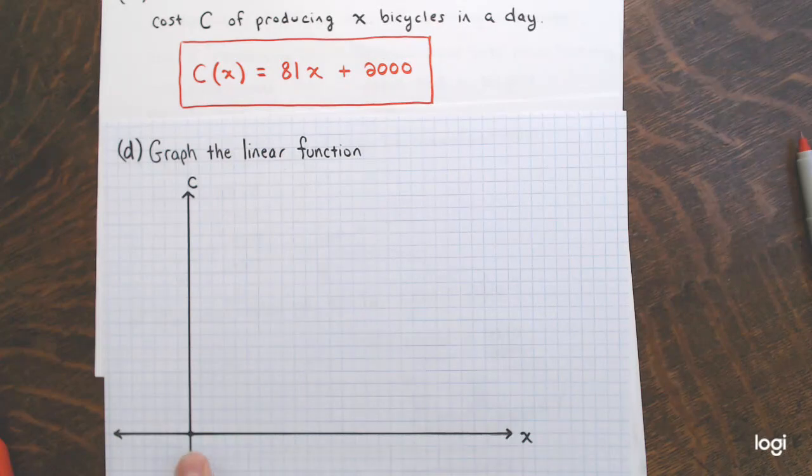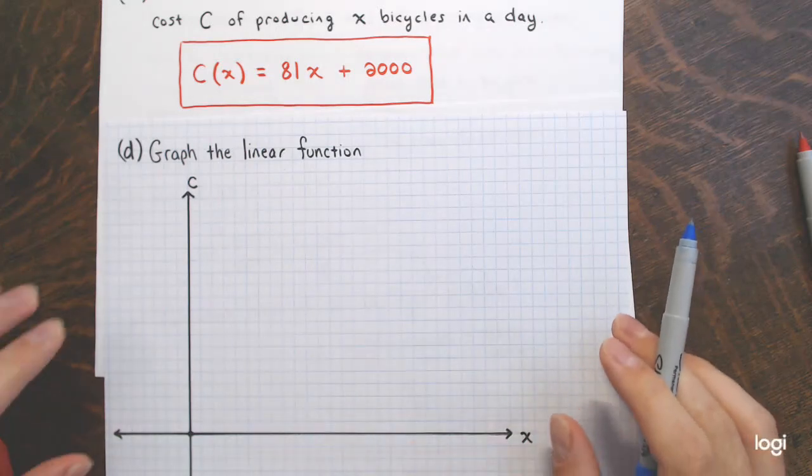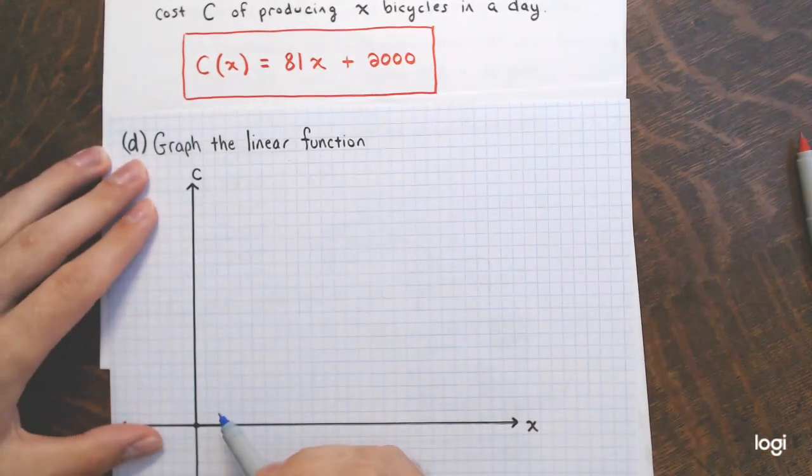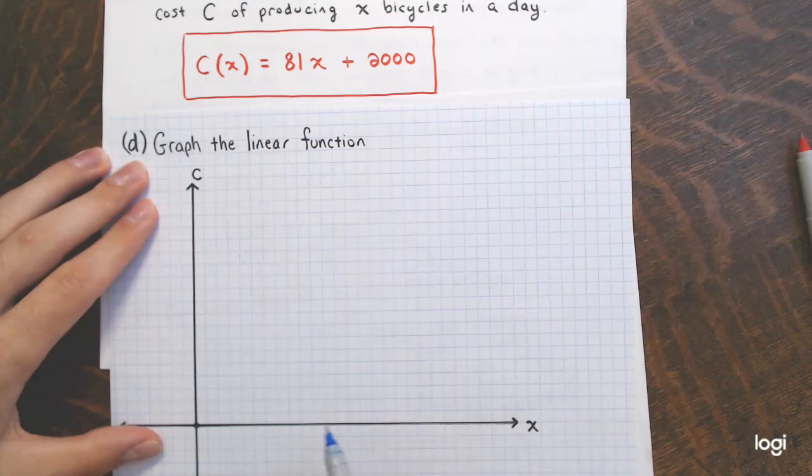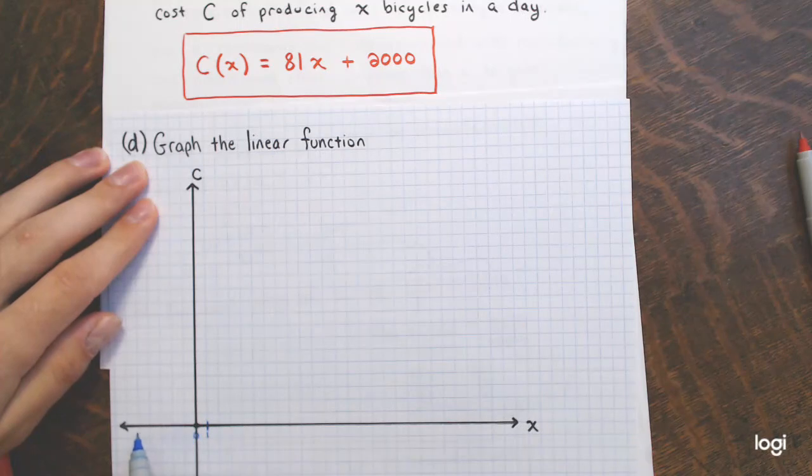And then I'm going to have my squares. Each square represents a consistent number of units. So each square on the x-axis, I'm going to have it represent 1 unit, 1 bicycle. Remember, this is x bicycles produced. So this is 1 bicycle, no bicycles. I'm not going to go into negatives, because negatives don't make any sense.